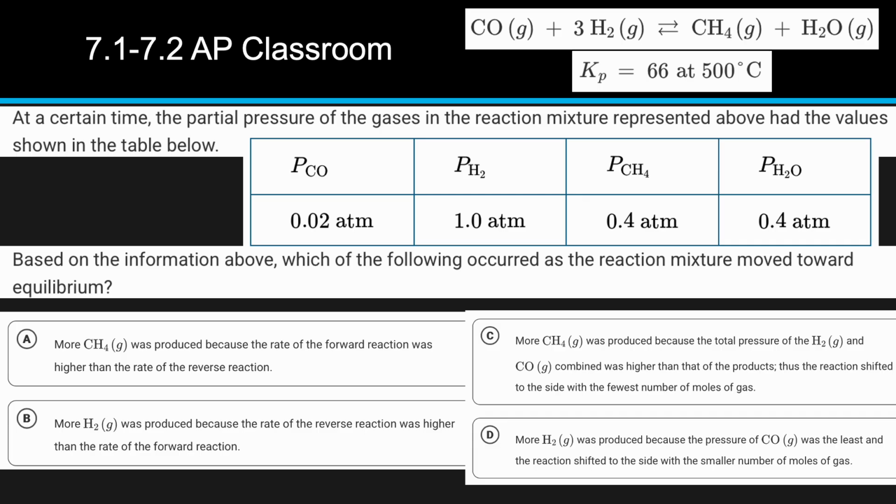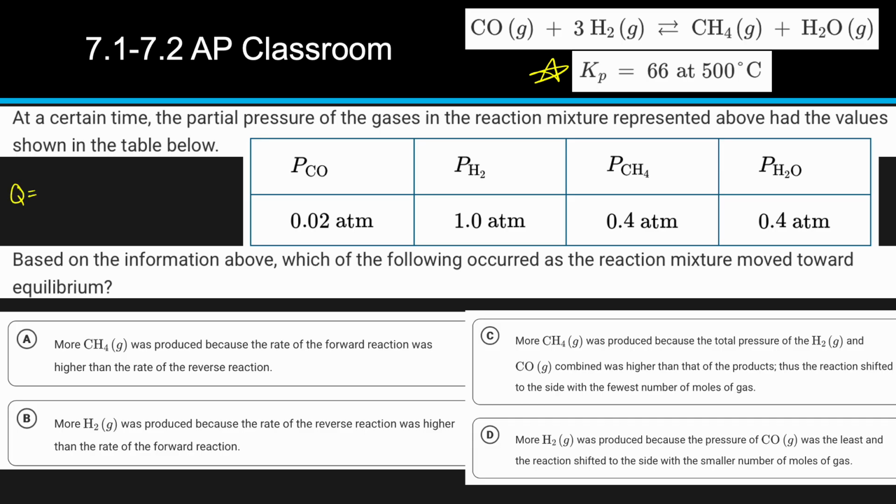So we know our equilibrium value is 66, which is product favored. So what we can do is take those partial pressures of our substances and plug them into Q, which is our reaction quotient. And that's going to tell us which way the current values are going to shift in order to reach equilibrium. And that will help us answer our question.